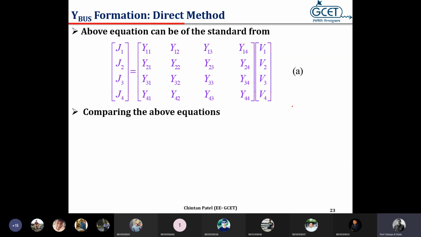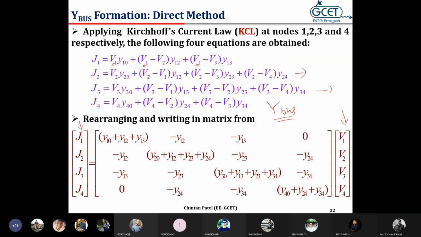Comparing the above equations, equation A and this last equation written in brown color, if we compare, this is Y11 location, this location is Y12, this is Y13 and Y14. Similarly, this one is Y21, this is Y22, Y23 and Y24.